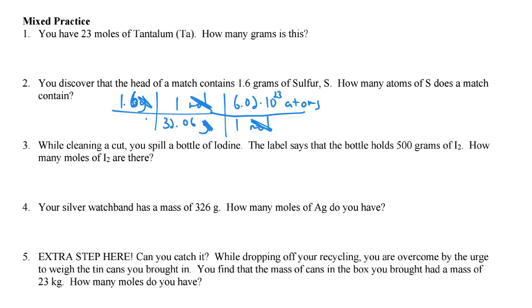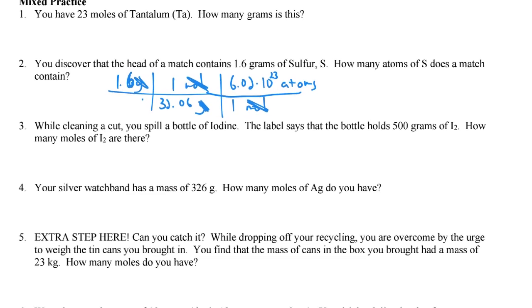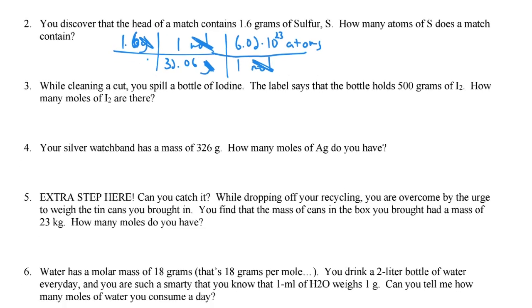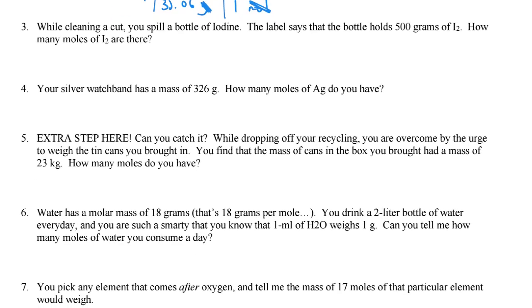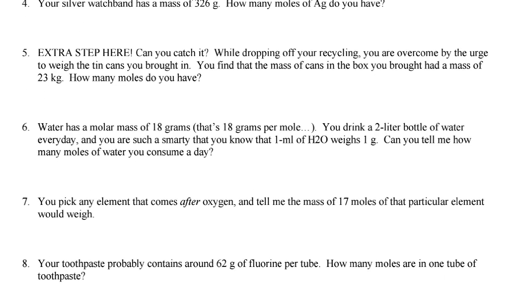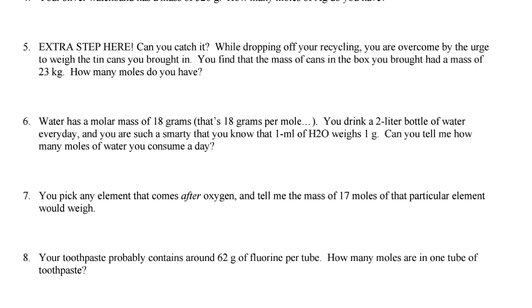All right, number 3 says grams to moles. We know how to do that. Grams to moles. All right, number 5 says it's got an extra step, so let's read this one carefully. You find the mass of the cans in the box you have brought has a mass of 23 kilograms. How many moles do you have? So the slight difference here is that we normally do our calculations in grams, but we have 23 kilograms of tin.